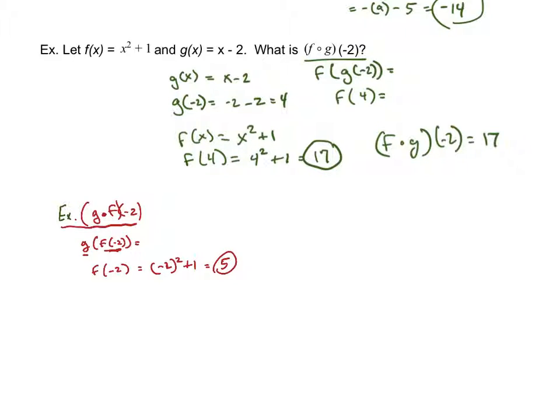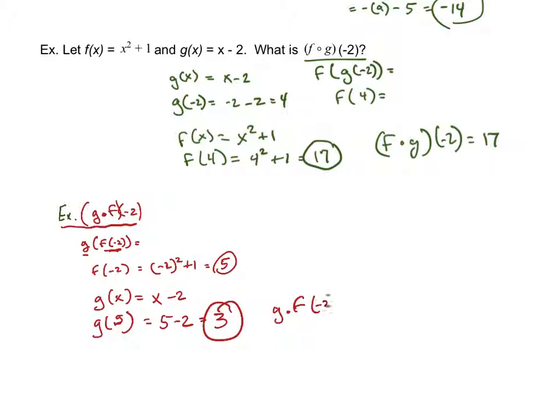That output now becomes the input for my next equation. g of 5 is going to be equal to 5 minus 2, which is 3. So g of f of negative 2 is equal to 3. That is just another example of looking at function inputs.